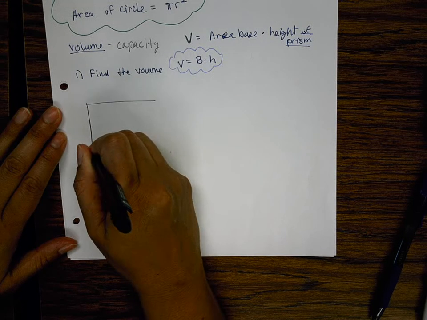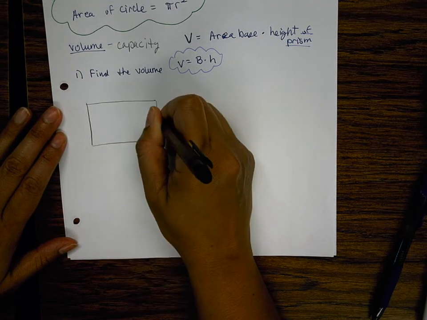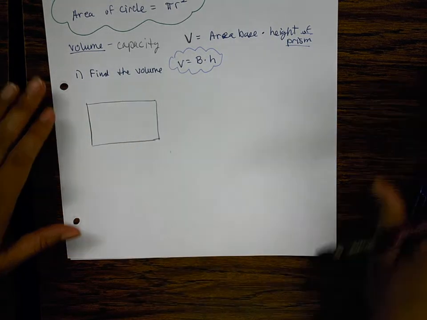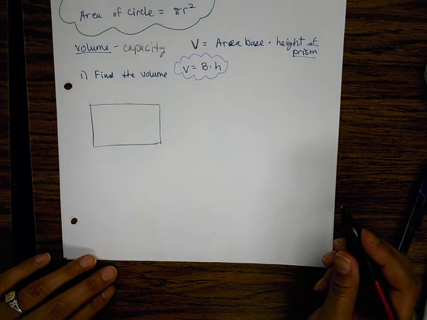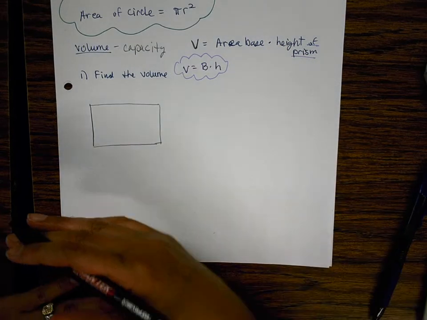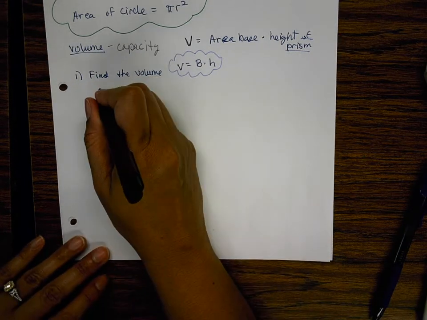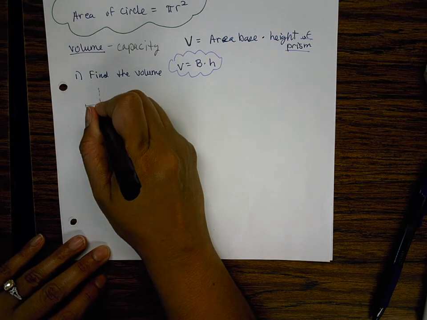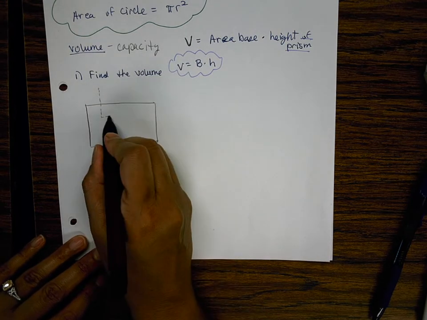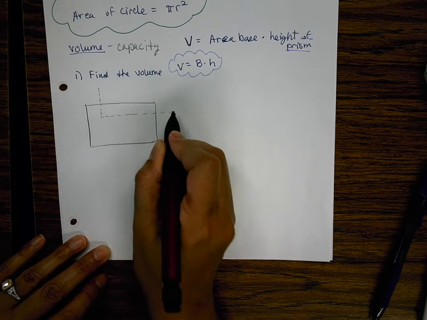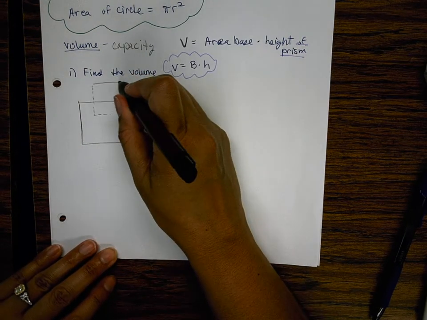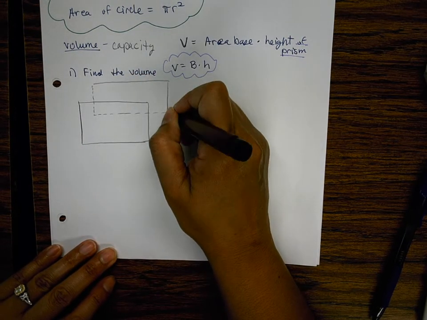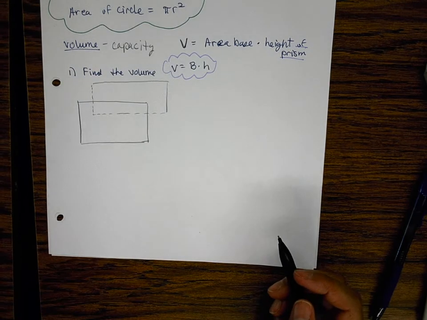Now, you may have been taught this method of 3D drawing before. Then move a little bit behind it and draw another rectangle. I'm going to draw them dotted. I'll tell you when to go solid. And then here's another dotted, and the rest is solid. So it's just another rectangle on the back of this one.